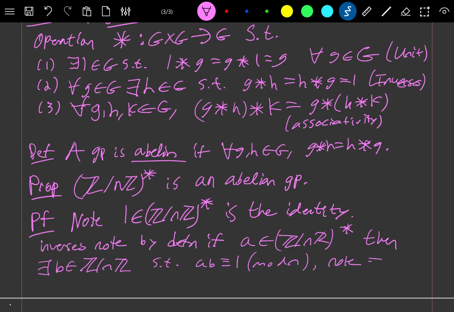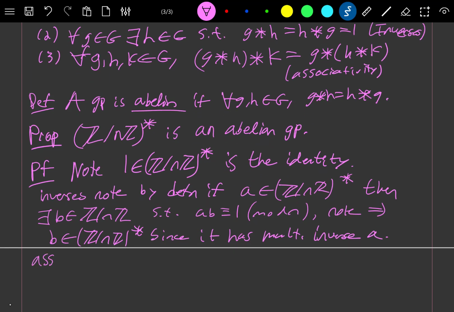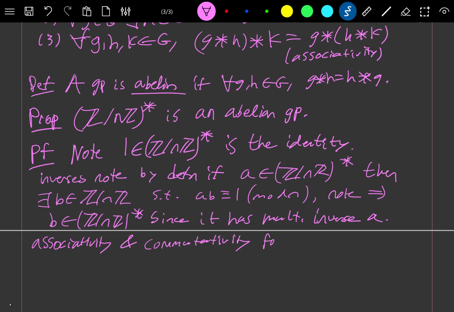And note, this implies that B is actually also a unit, since it has multiplicative inverse A. And then we note that associativity and commutativity follow from Z mod nZ being a commutative ring.